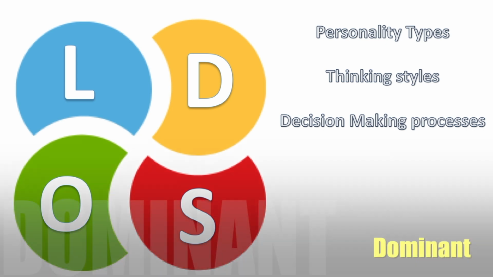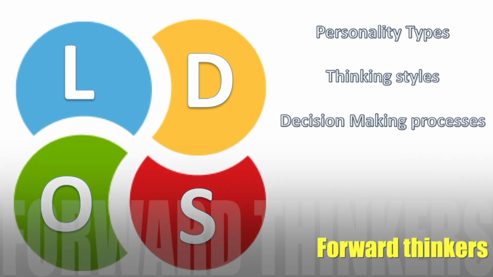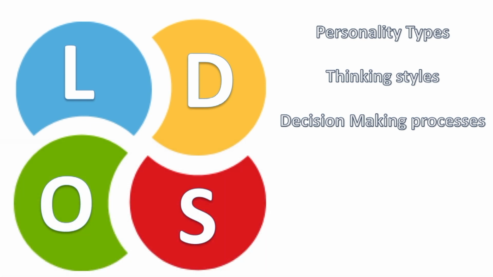And then, of course, the dominant, they are really forward-thinking individuals. When we talk about their thinking style, they like to think in terms of themselves. So whenever you're dealing in a business sector with the dominant, always think about how to turn the whole conversation, turn the value around so that it's expressed in terms of the dominant themselves.